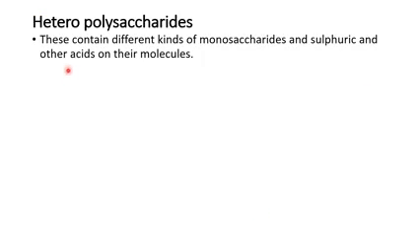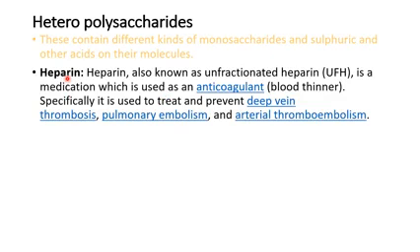Okay, then heteropolysaccharides. They contain different kinds of monosaccharides, and also sulfuric and other acid molecules, which will be part of the polymer. For example, heparin. Heparin, also known as unfractionated heparin (UFH), is used as an anticoagulant, as a blood thinner.